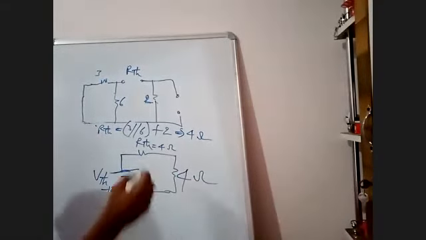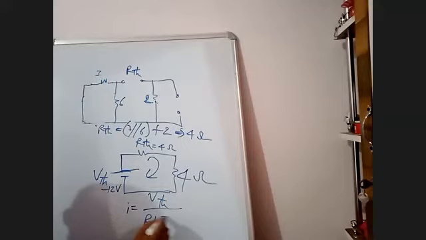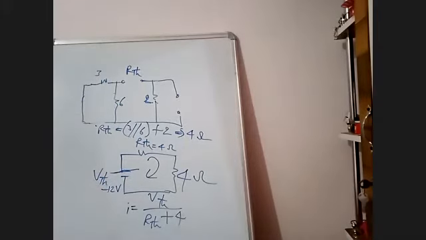Now I will determine the current in this 4 ohms. I is equal to VTH by RTH plus 4. All are in series. VTH, RTH and 4 are in series. In Thevenin's theorem, always the equivalent resistance will be in series with the equivalent voltage.